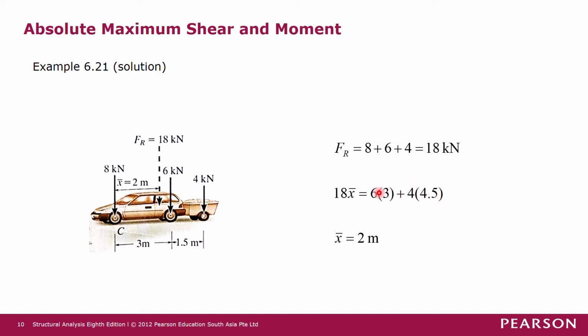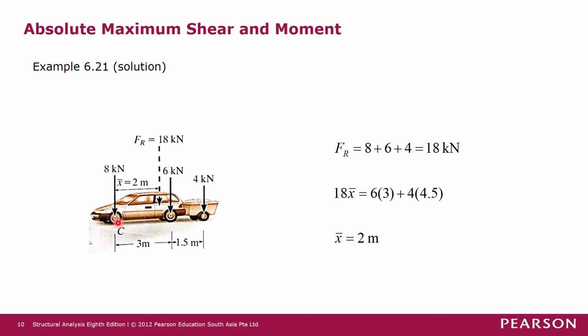The resultant force is 18 kilonewton, so 18 times the distance x bar to the reference point should equal the total moment caused by the system of forces. From here we solve x bar equals 2 meters from C.